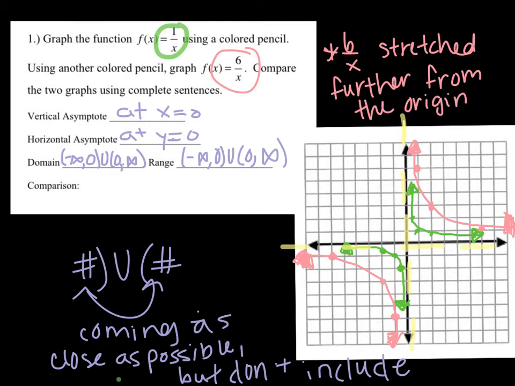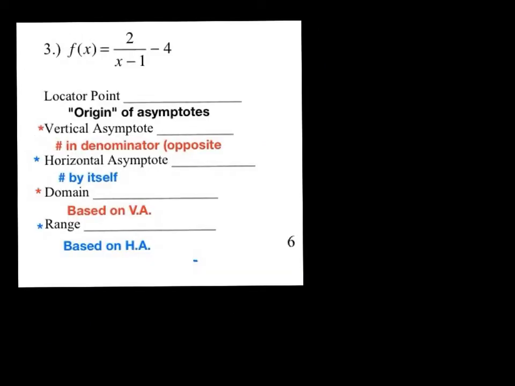As your numerator gets larger, this point will get further and further away from the center of your asymptotes, or the origin of your graph. Before we try and graph one of the main examples, let's look at finding the information first.